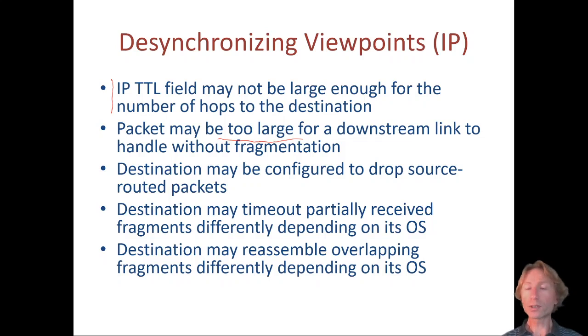You may configure the destination to drop source routed packets, which is not so relevant at this particular point in time anymore. You may time out partially received fragments differently from what happens on the actual victim. You may reassemble overlapping fragments differently depending on the operating system.